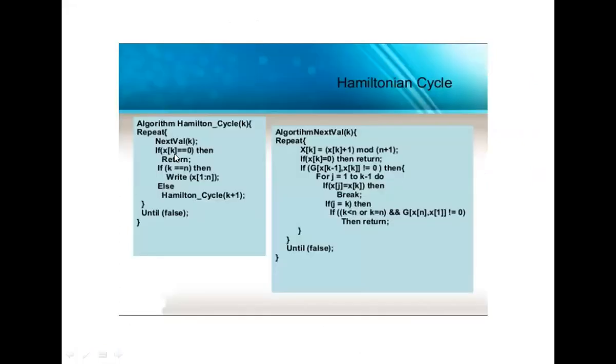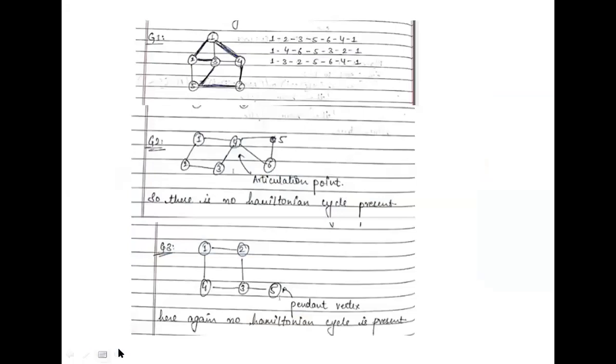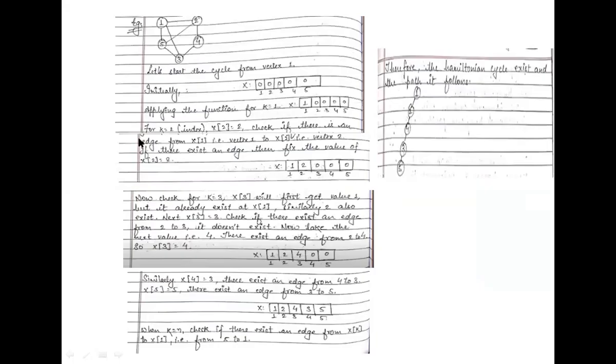Previously, if the k value is 0, then return means no value or no node is found, so it comes out of the loop. When I give the k value equal to 1, then it calls this function. Applying the function with k equal to 1, I consider one node.